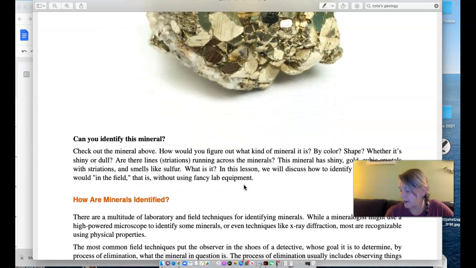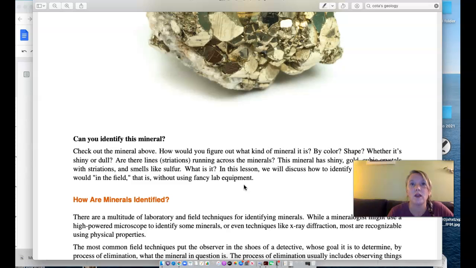One thing that scientists are faced with, in any field of science, whether it's mineralogy or entomology, which is the study of insects, or ichthyology, which is the study of fish, or ornithology, the study of birds, is that there are thousands and thousands of different organisms that scientists need to be able to identify, and they don't just memorize them all.